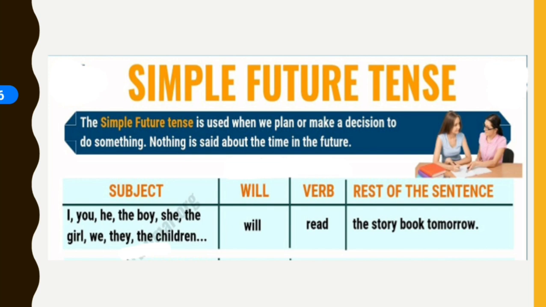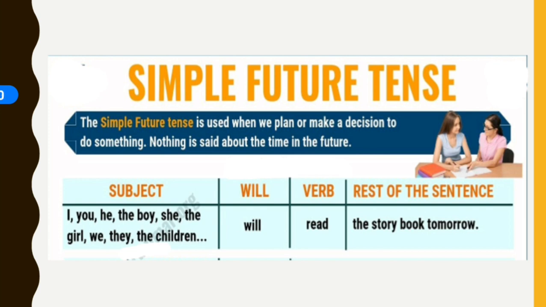So children, simple future tense is used when we plan or make a decision to do something. Right? When we plan something or we make a decision to do something, in that case we use simple future tense. And nothing is said about the time in the future. Children, as I just told you, anything that occurs after saying is future.